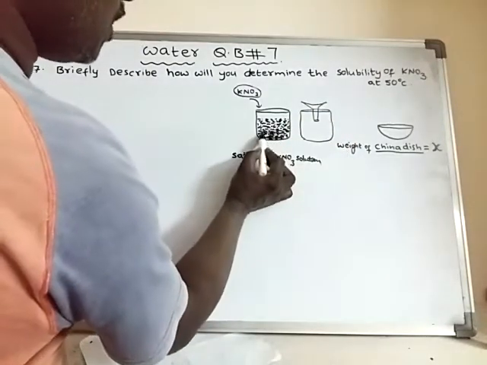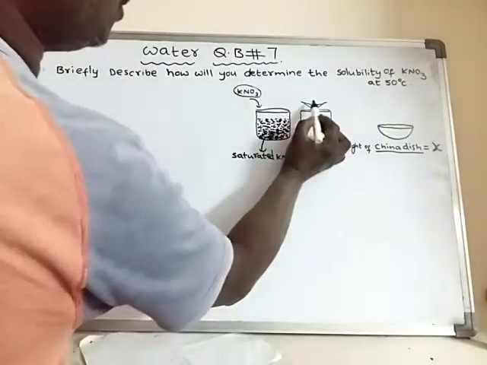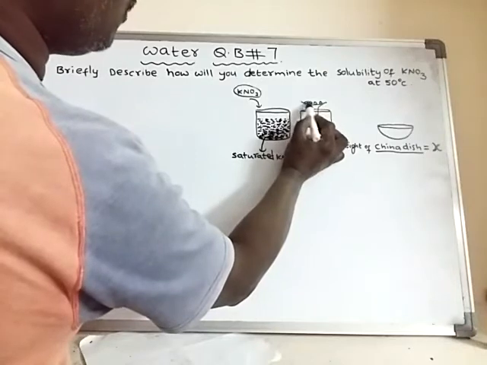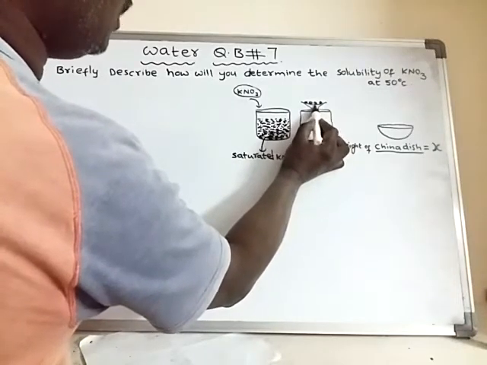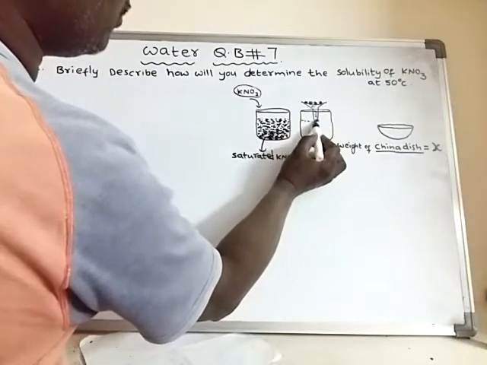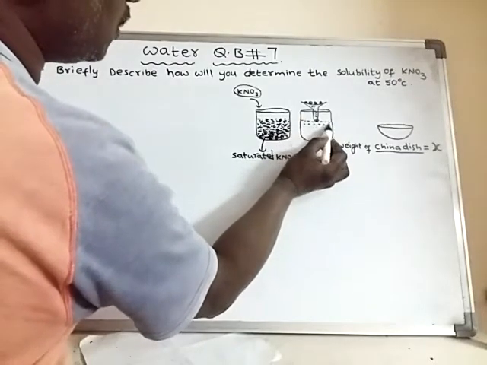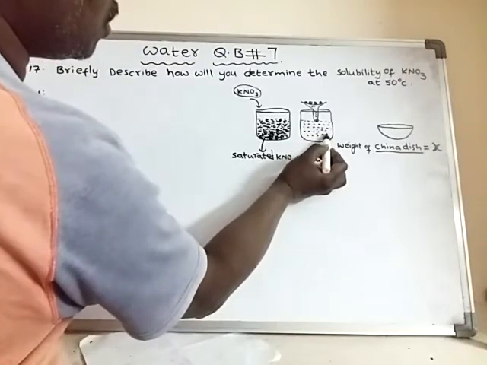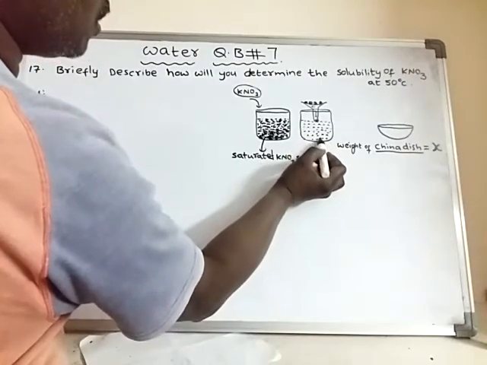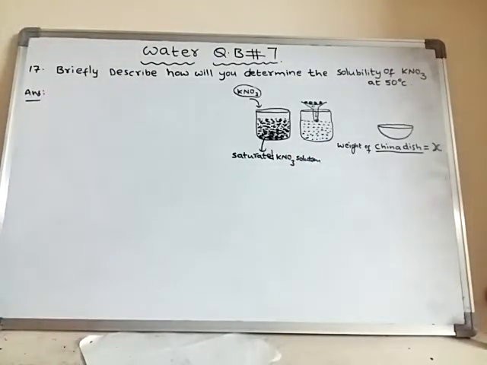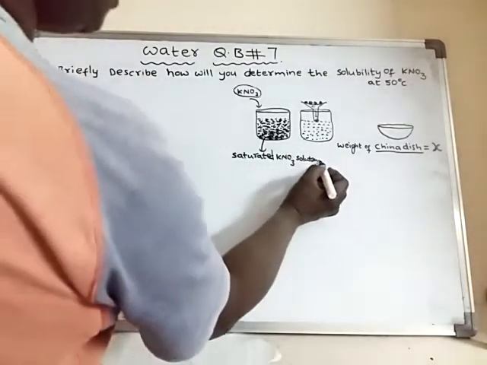If any extra amount of crystals are present, they are filtered off. Now we'll get only a clear saturated solution of potassium nitrate.